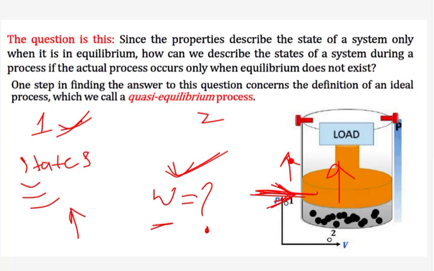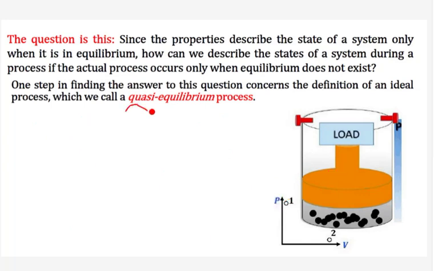So from there the concept of the quasi-equilibrium process came. Quasi means it is almost in equilibrium. See, the first thing is thermodynamic equilibrium.